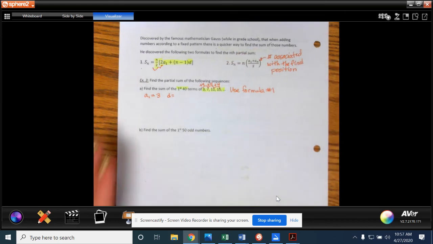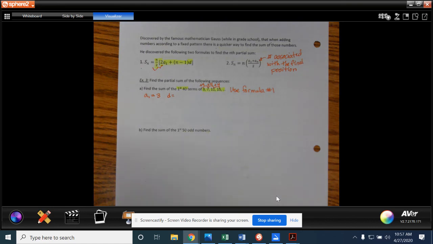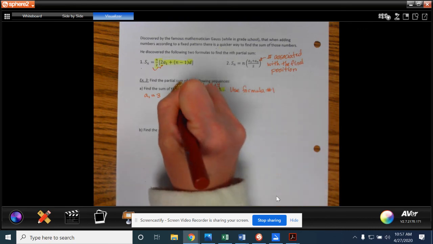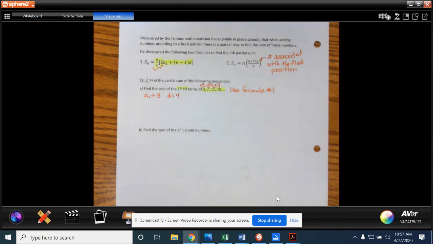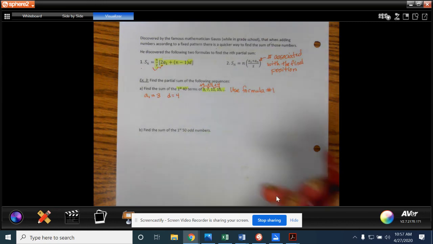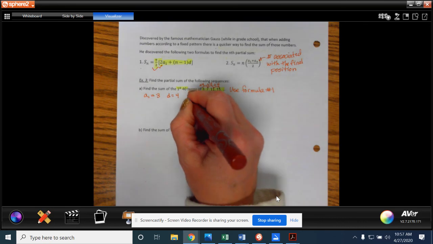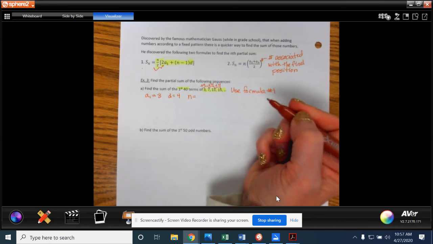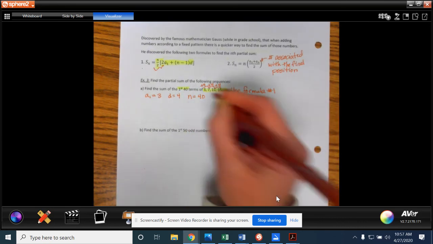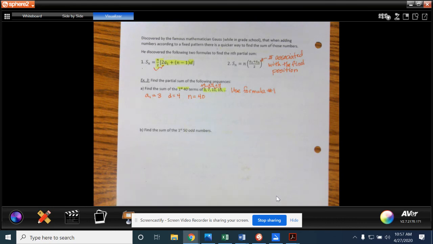It is. If it is not consistent, then it is not a sequence. So our difference is 4, a positive 4. I don't need the plus on it. And I need to know n. Well, n is 40. I want to know all 40 terms.